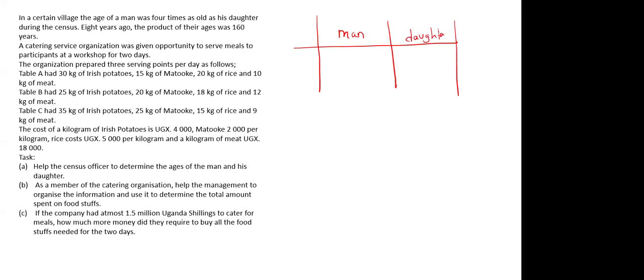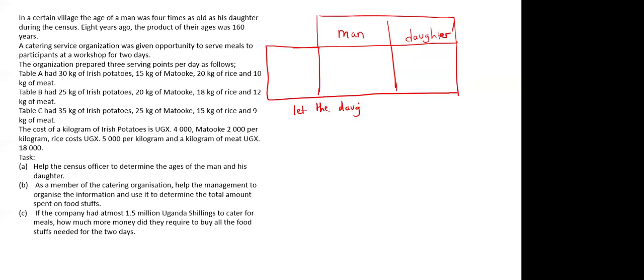Since we don't know their ages, and they're telling you that the age of a man was 4 times as old as his daughter, let the daughter's current age be X. In my table here, I'm going to put current age, then also past age, the one for 8 years ago.